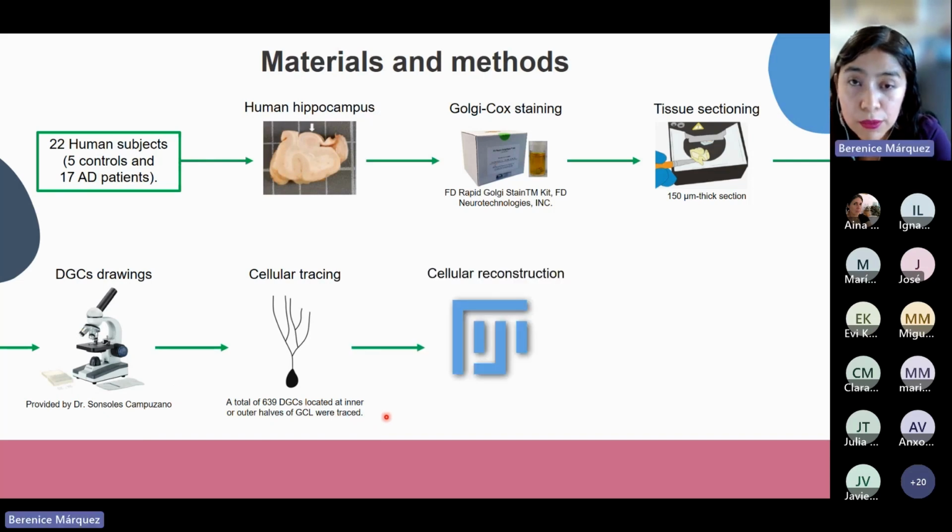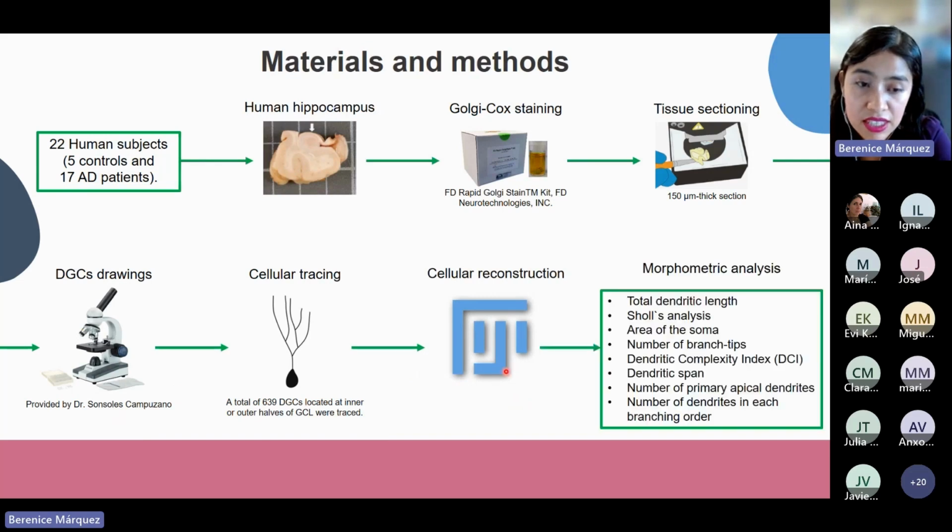The cells were reconstructed using the NeuronJ plugin for Fiji software, and this reconstruction was used to determine the morphometric analysis that I will detail in the next slide.